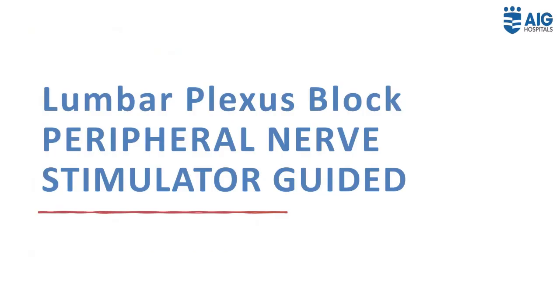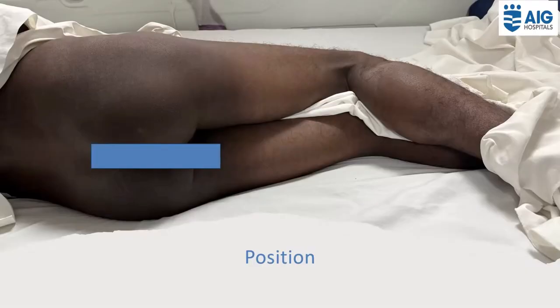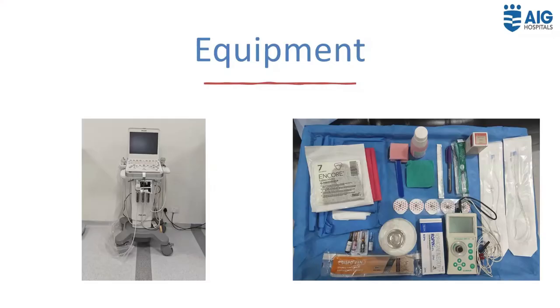However, the depth at which the lumbar plexus is located is a challenge, as is the size of the plexus, which requires a large volume of local anesthetic for success. The position required is lateral decubitus with a slight forward tilt. The foot of the side to be blocked should be positioned over the dependent leg so that twitches of the quadriceps muscle and or the patella can be seen easily.